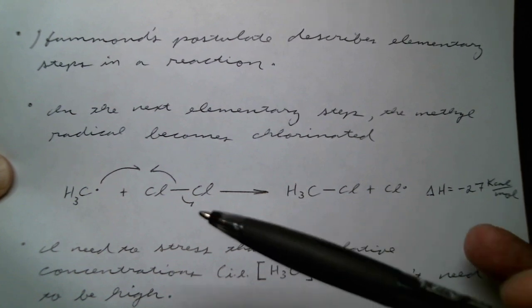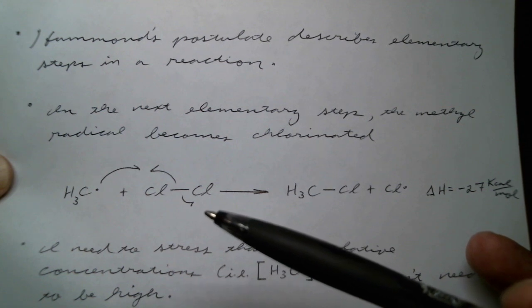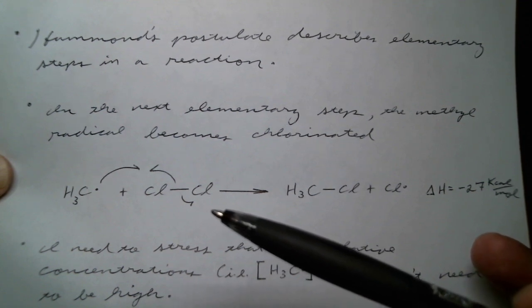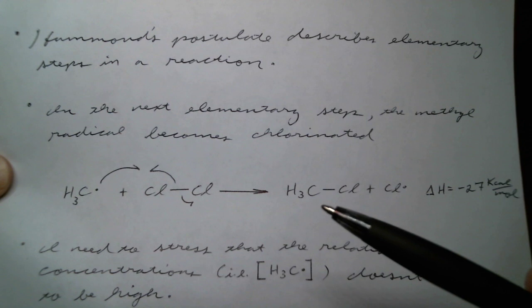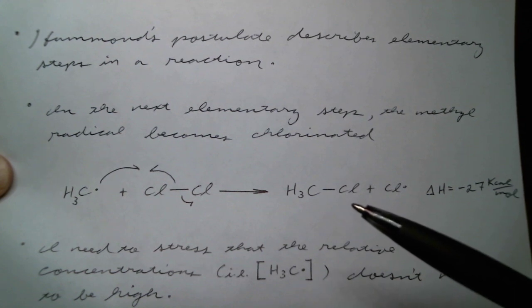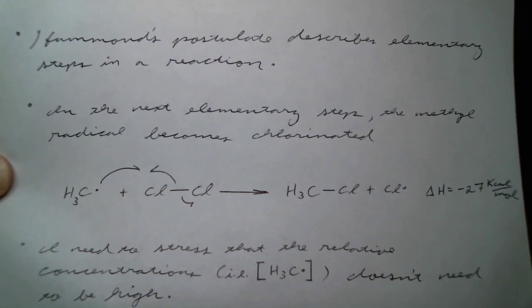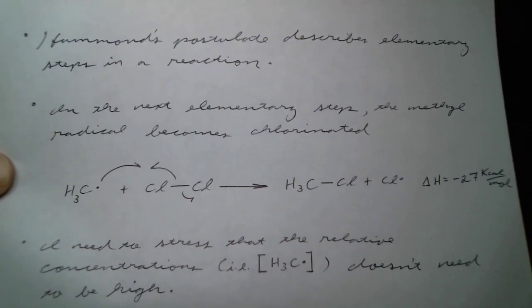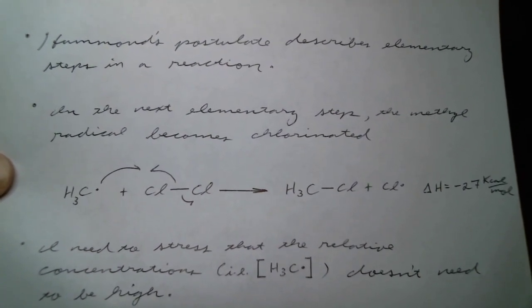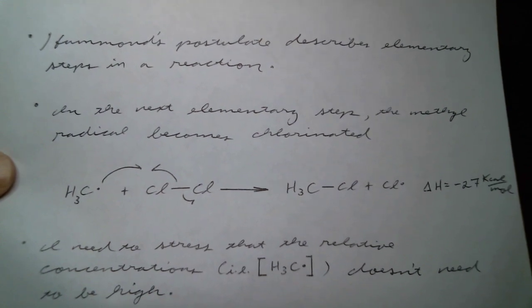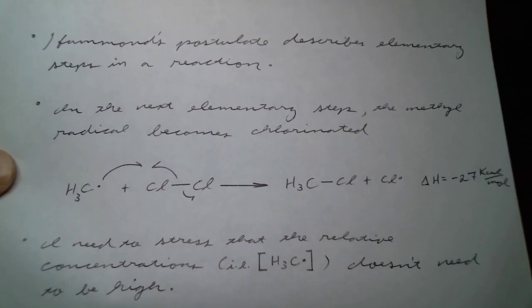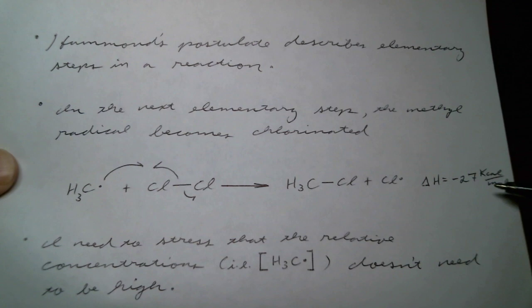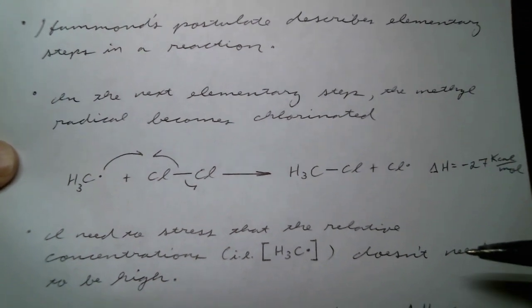And this has to do with the fact that our chlorine-chlorine bond is worth 58 kcals per mole, and our carbon-chlorine bond is worth 85 kcals per mole. And so the difference, of course, is minus 27 kcals per mole.